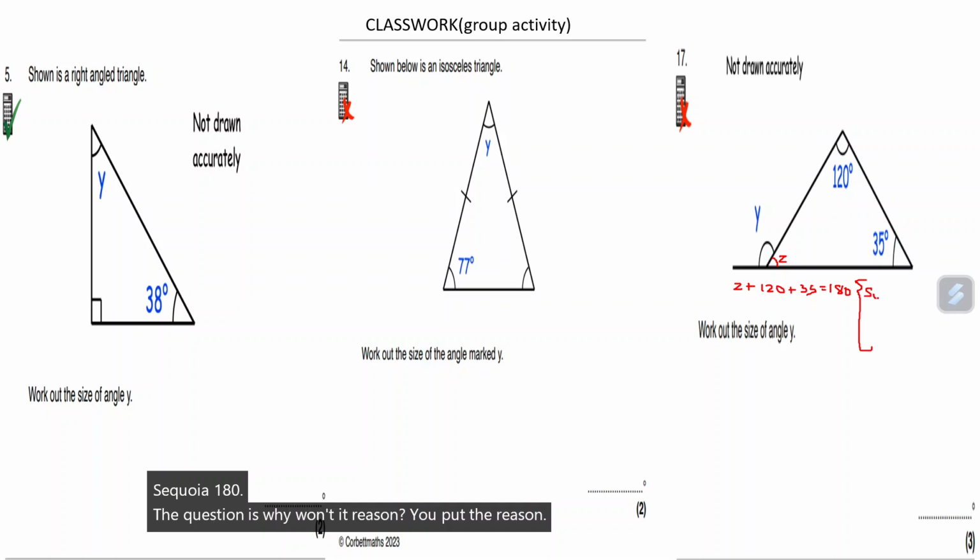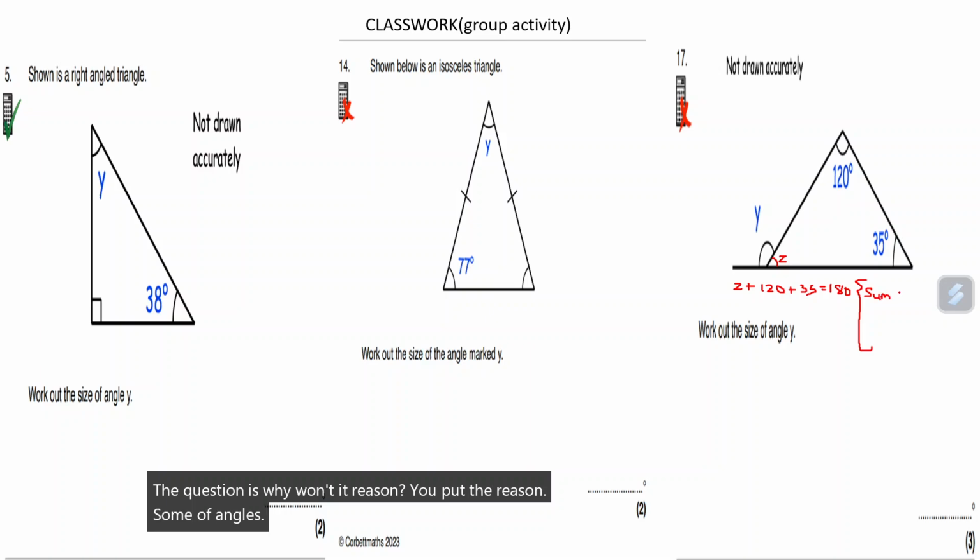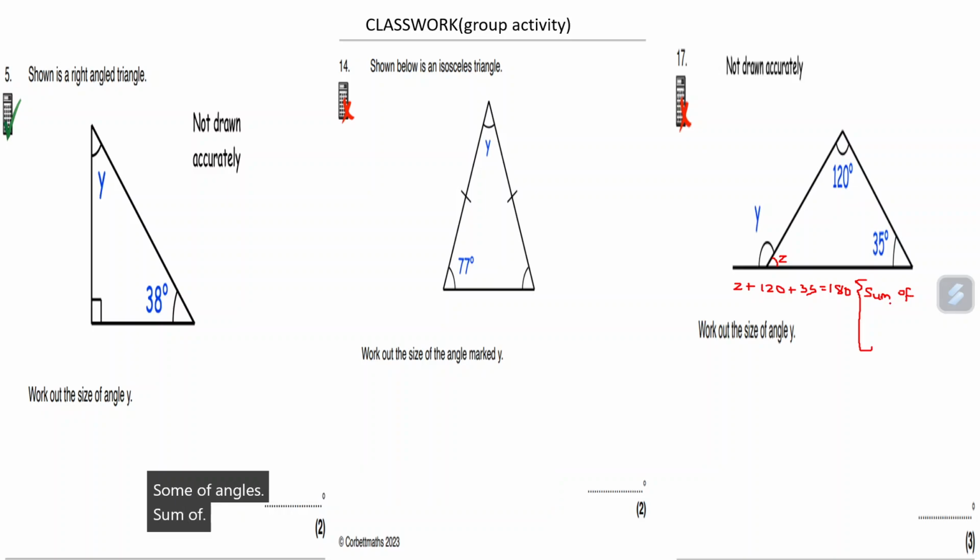Sum of angles in a triangle. This is the reason.